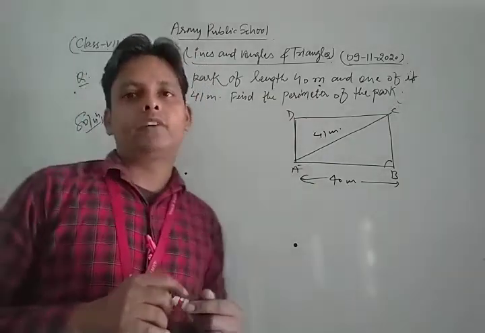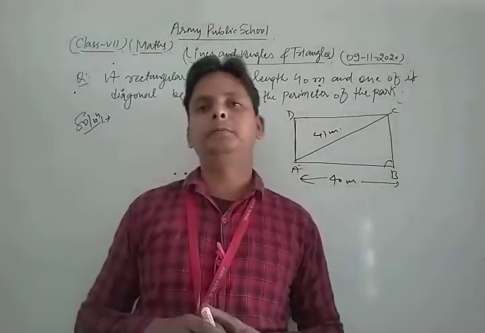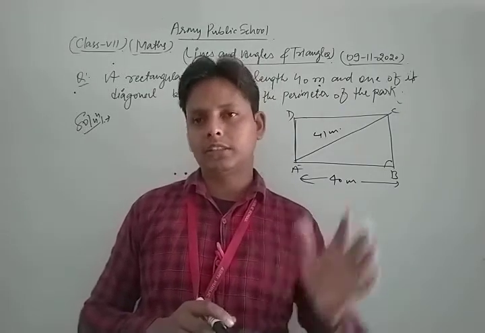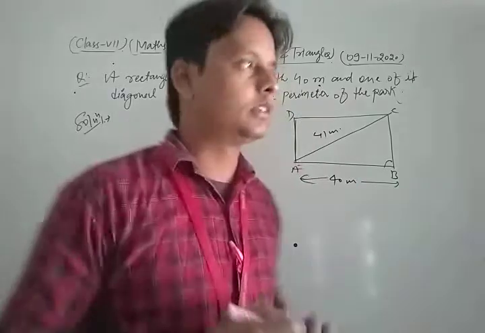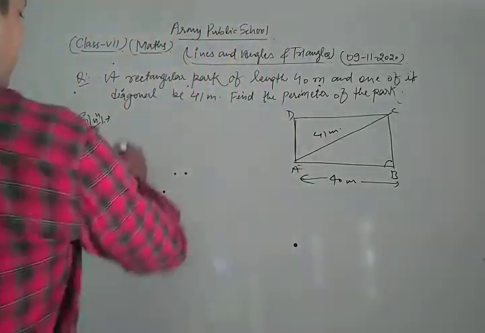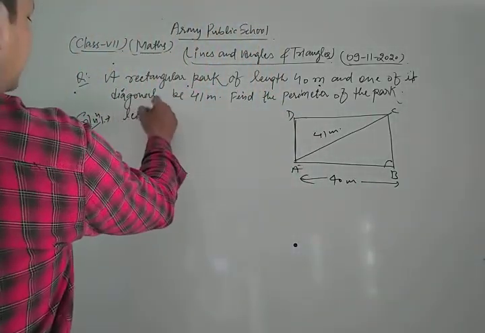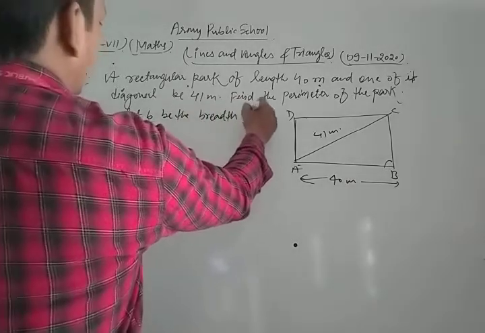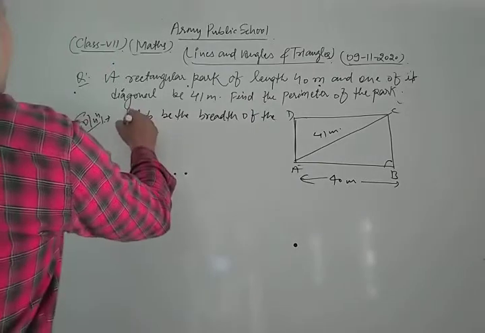Dear student, you know what is the concept of the perimeter of rectangle? 2 into length plus breadth. This is the concept of perimeter of the rectangle. Okay, now look. First of all, let B be the breadth of the rectangular park.